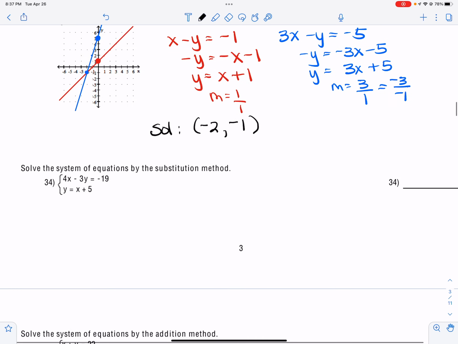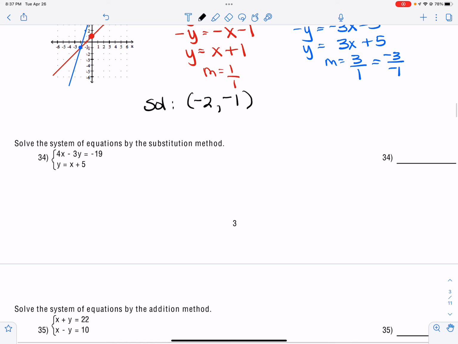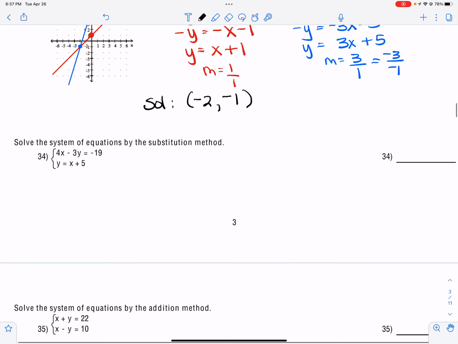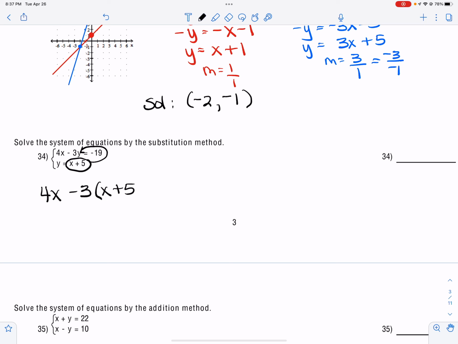Now, we had the substitution method or the addition method, but this one, number 34, is set up perfectly for substitution. I'm going to take this for y and substitute it into that first equation. So 4x minus 3 times what y is in terms of x is equal to negative 19.